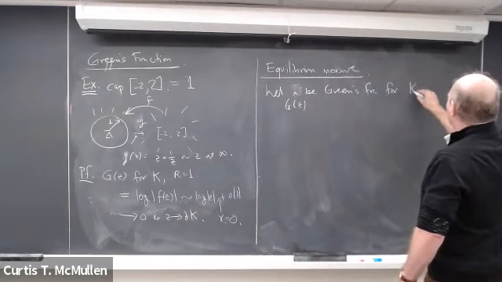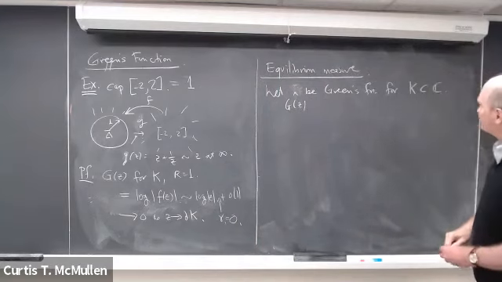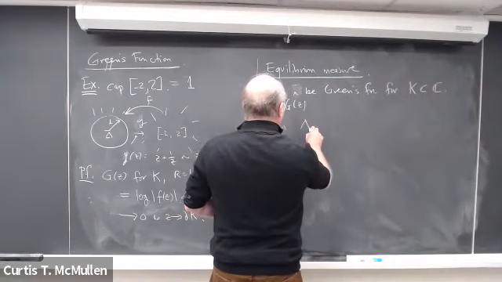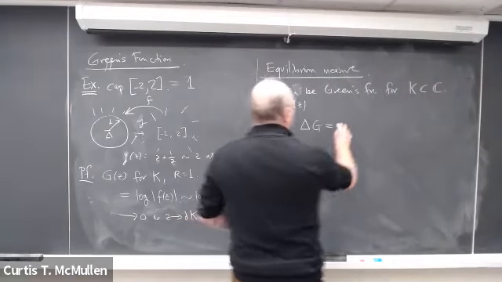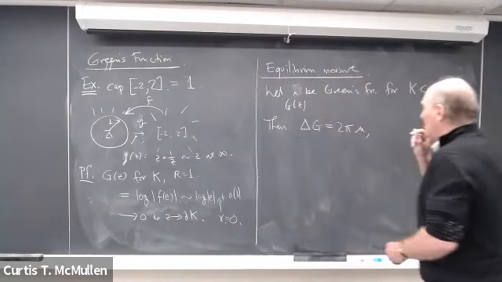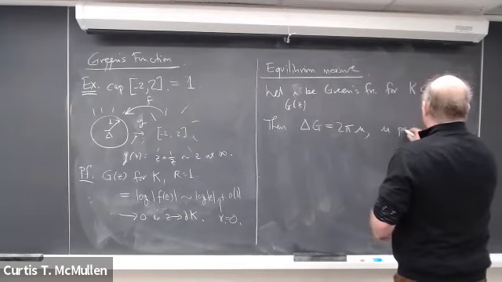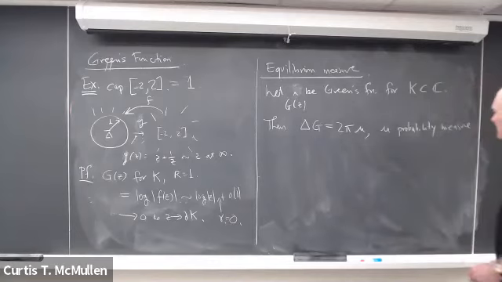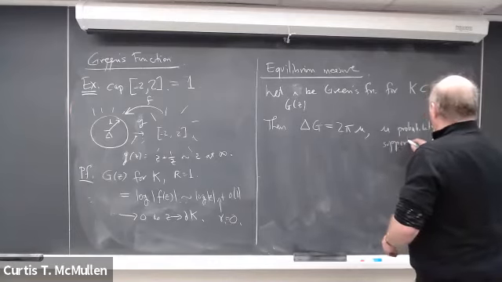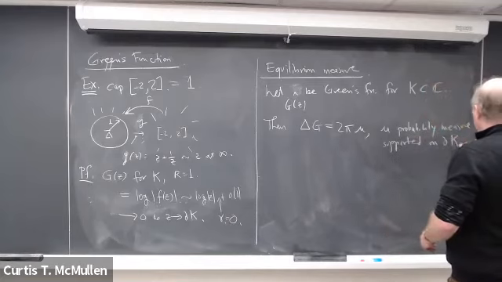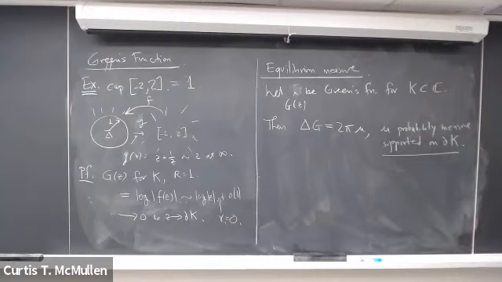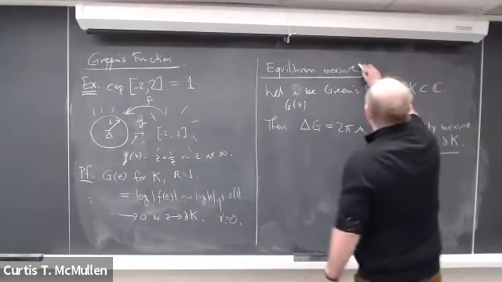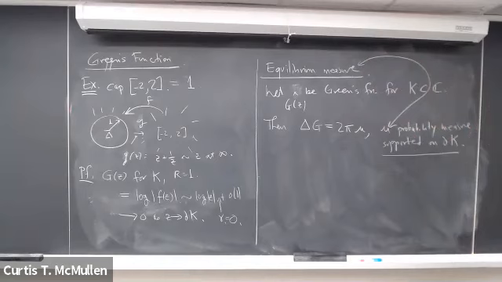For the compact set K contained in C, then the Laplacian of G as a distribution is equal to 2 pi times mu, where mu is a probability measure supported on the boundary of K. And this mu is called the equilibrium measure of K, or of the complement of K.